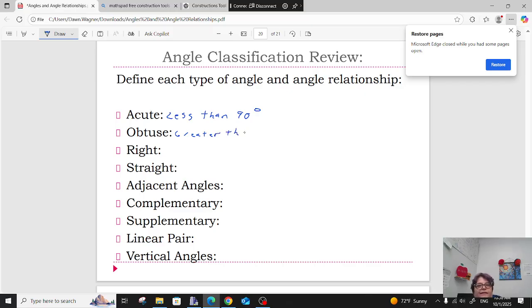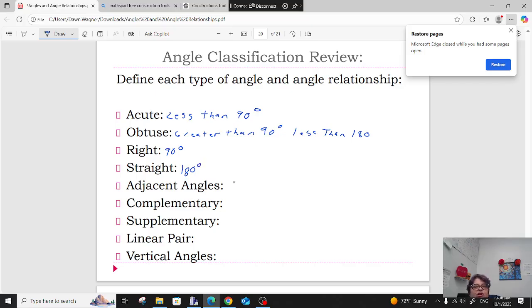I can't write that fast. Right angle? Exactly 90. Yep, 90 degrees. How much do straight angles add up to? 180.